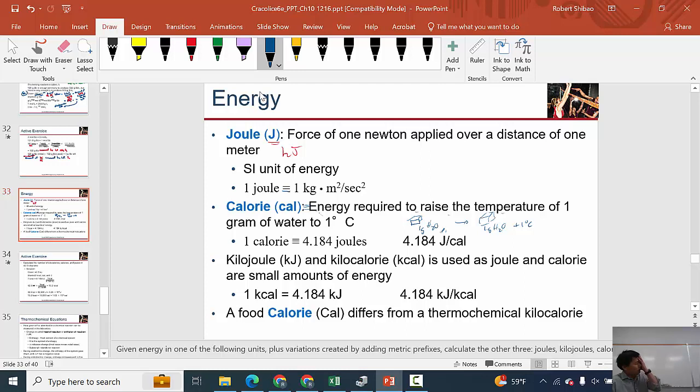So if we start off at 4 degrees C and go to 5 degrees C, that would be the definition of a calorie, basically.